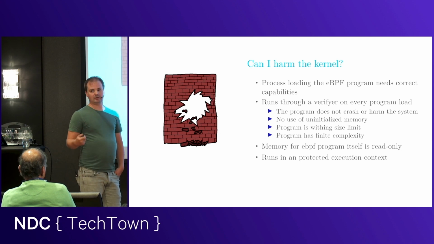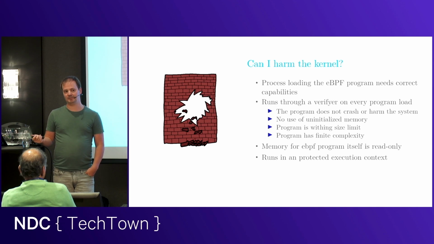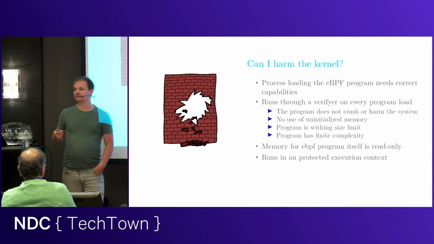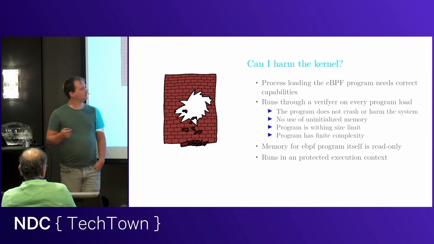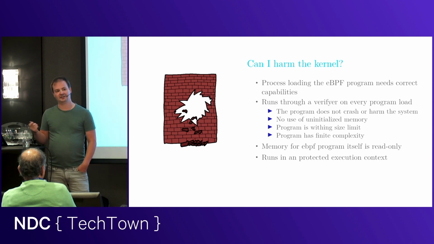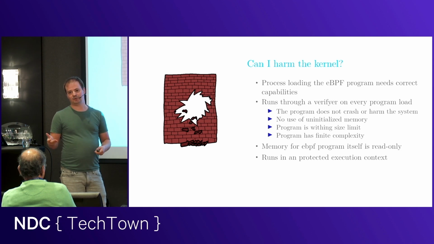But if you have the correct capabilities and you load an eBPF program into the kernel, there's some checks happening. So there's a verifier which checks that, or tries to check at least, that it doesn't crash or harm the system. And some of the limitations on this are actually in the programming language itself.